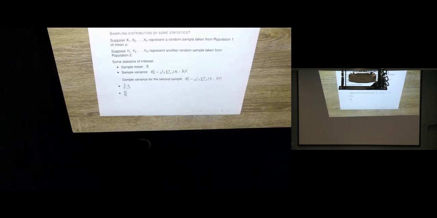So you want to estimate the variance in population 1. The version that we are using is the sample variance. All right, so we will use this to estimate the variance of population 1. That would be another quantity that we use, so this will be another statistic.